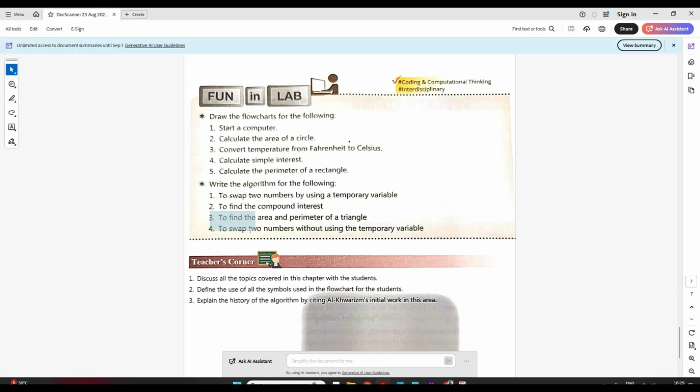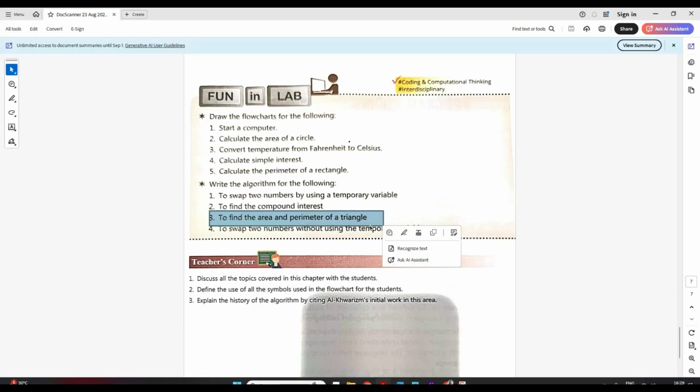Similarly, if you see the third, to find the area and the perimeter of a triangle, you have to first know the formula of the area of a triangle, right? It is half base into height. So here your input will be base and the height.